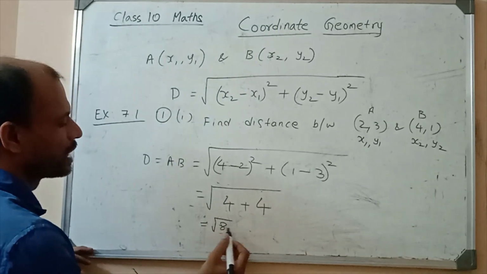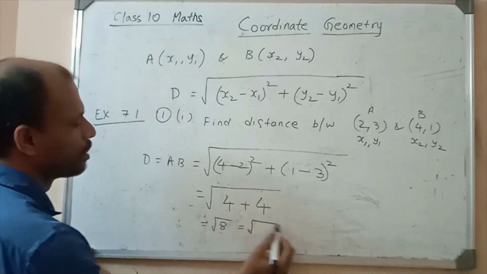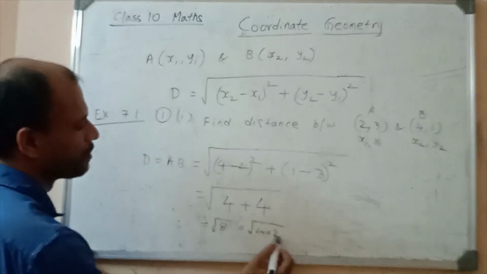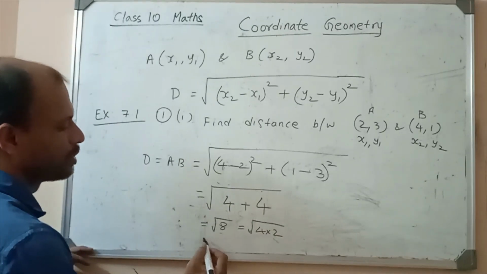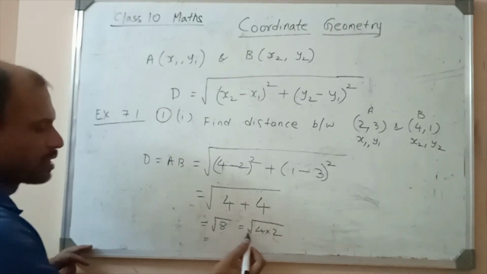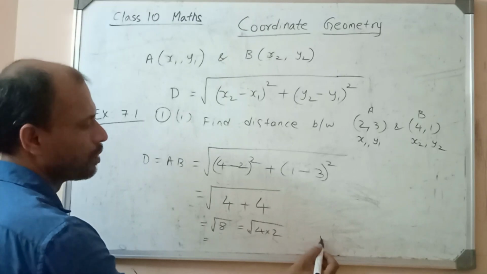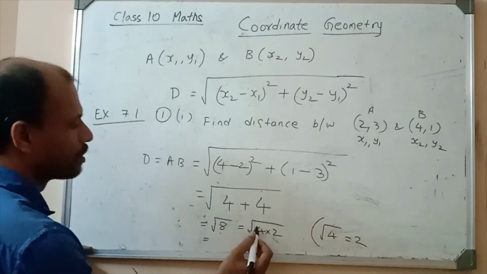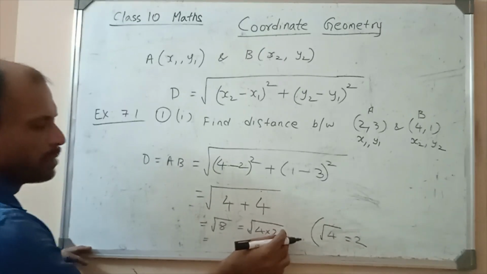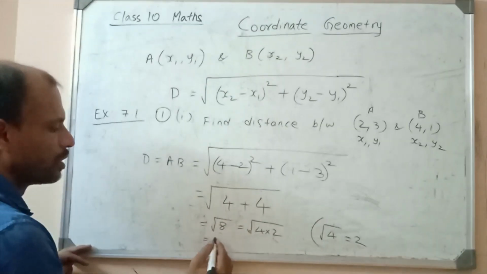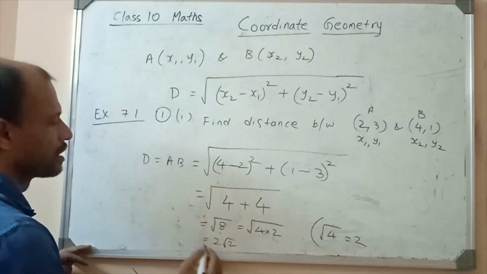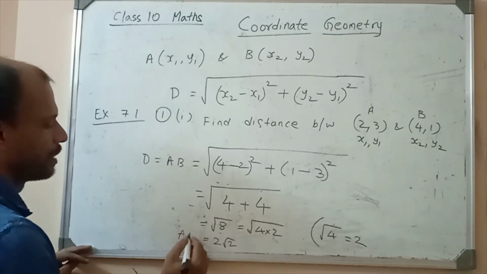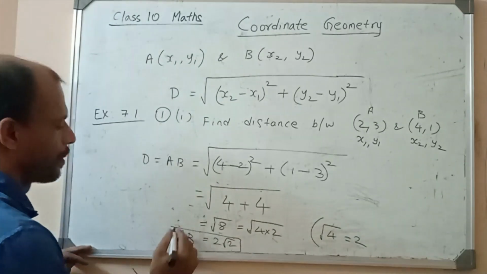So the answer is root 8, or you can write root 8 as 4 into 2. Root 4 is nothing but 2 only. If you take it outside, root 4 value is 2, and the remaining root will be there itself. So 2 root 2 is the answer, AB.